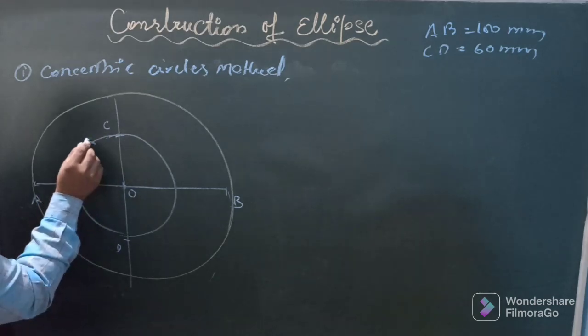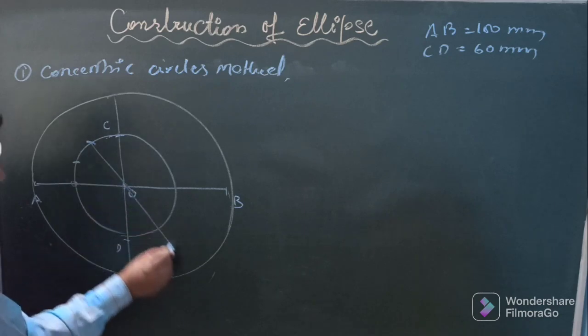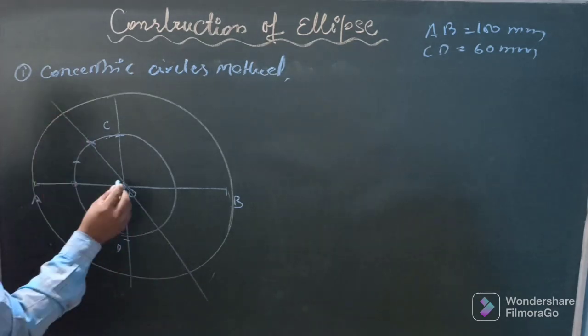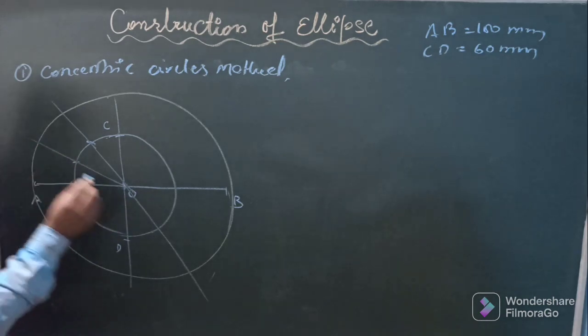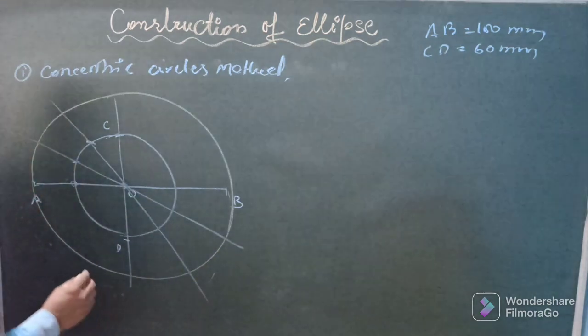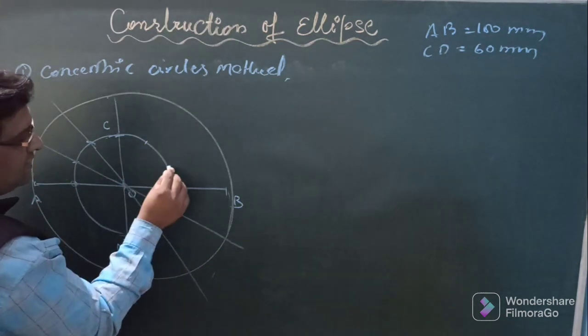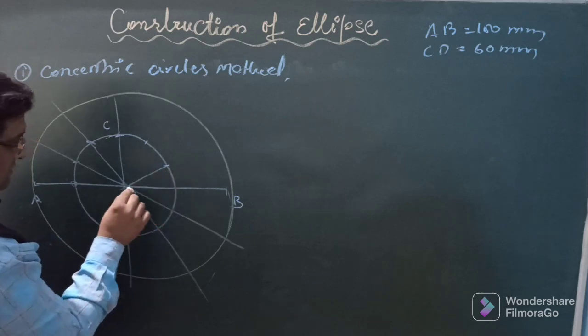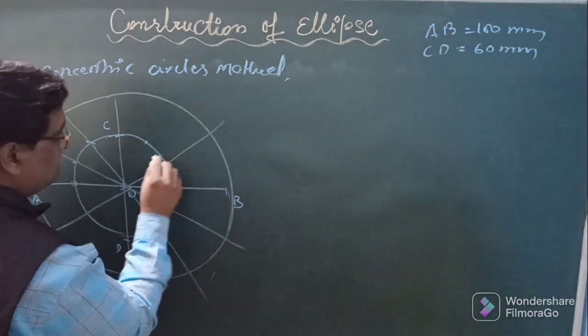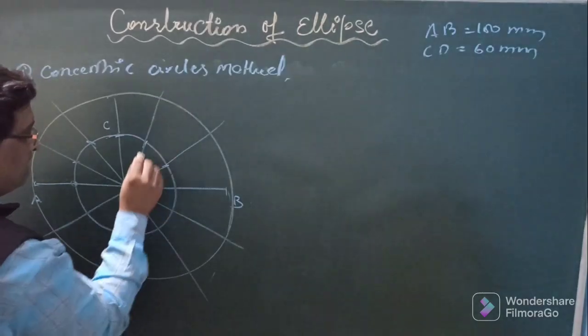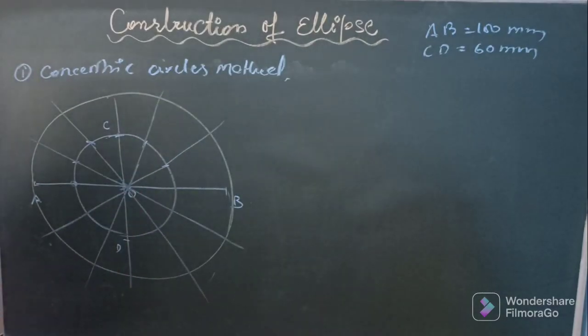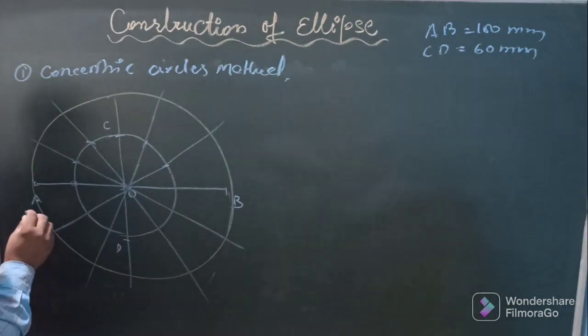So 3 parts have been done. You can extend these lines. Similarly, do this side also and extend the lines on both sides. In this manner, these two circles are divided into 12 equal divisions.